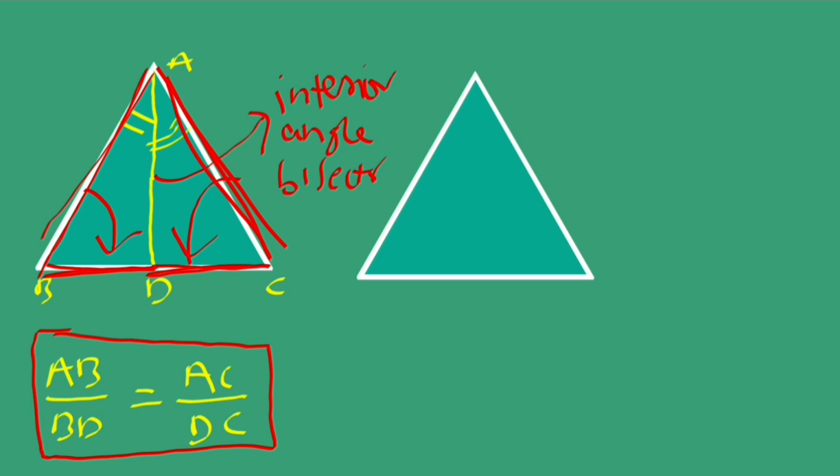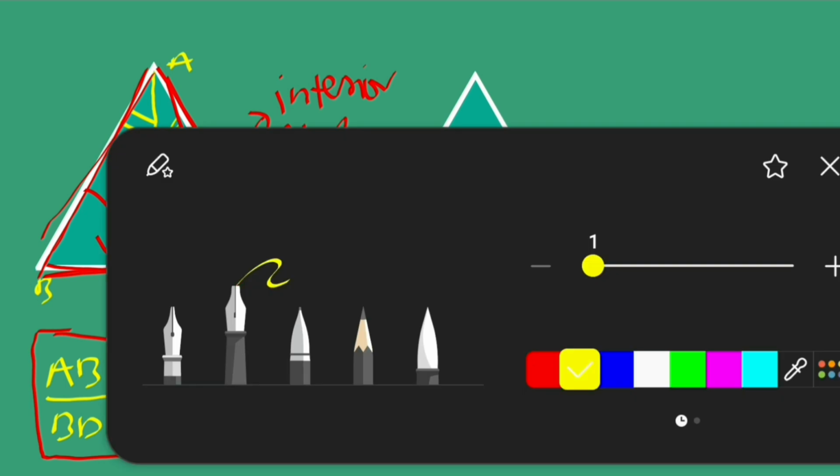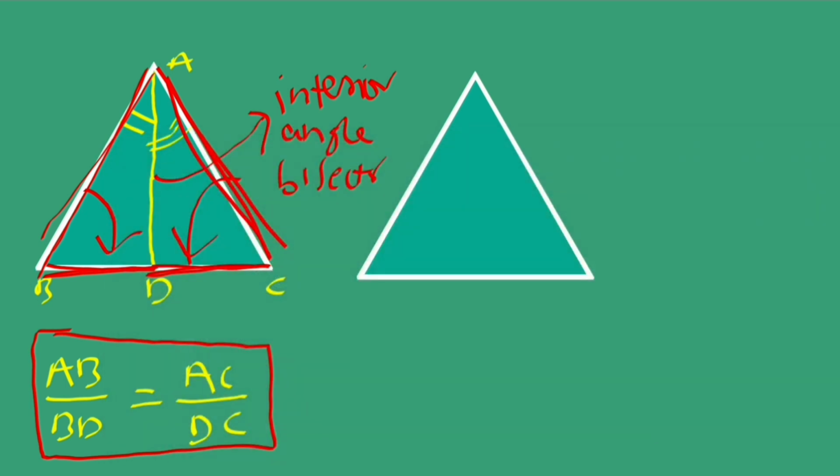Next, here is another triangle. Suppose the vertices are A, B and C. Now I am extending this BA line, and this angle is the exterior angle.